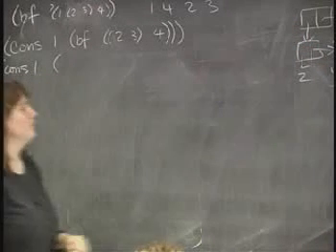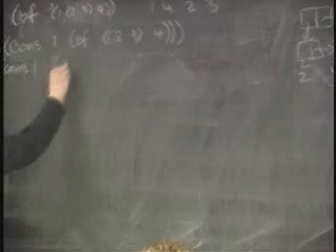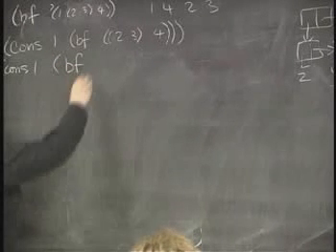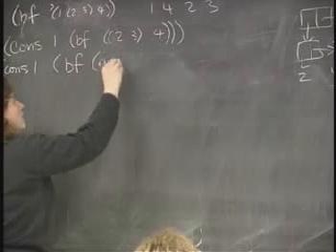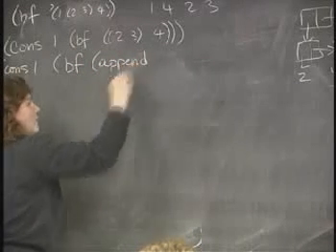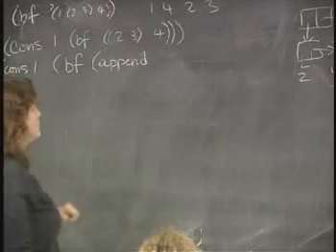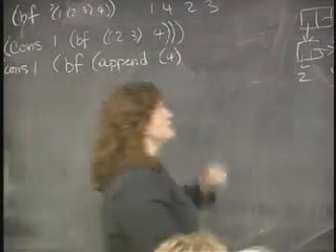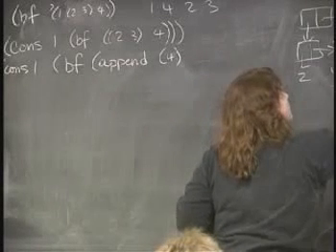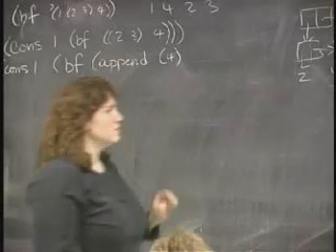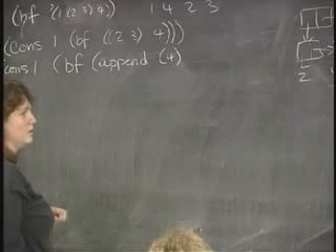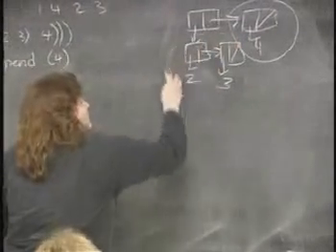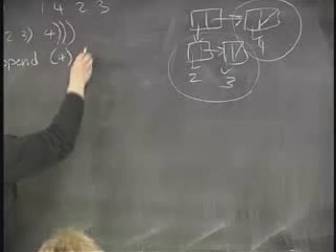So I'm going to call breadth first on append the cdr of the tree, which is the list 4, to the car of the tree. This is the cdr of the tree here, and this is the car of the tree.